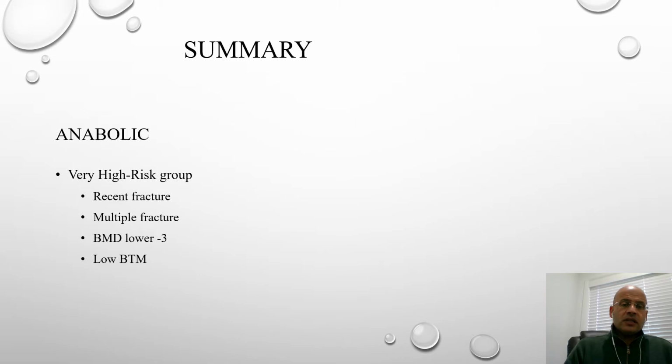Now, in summary, the anabolics, we need to reserve these drugs for the very high-risk group. Someone who has had recurrent fractures, or a recent fracture, or multiple fractures with a BMD lower than -3 and a low bone turnover.